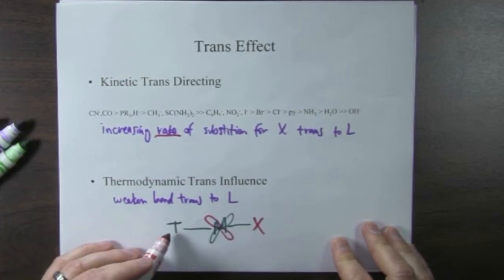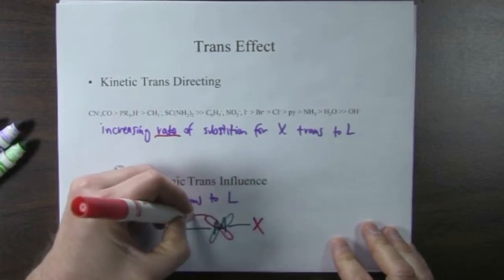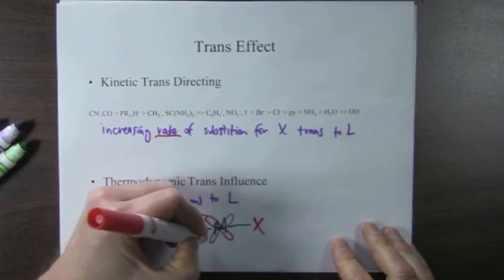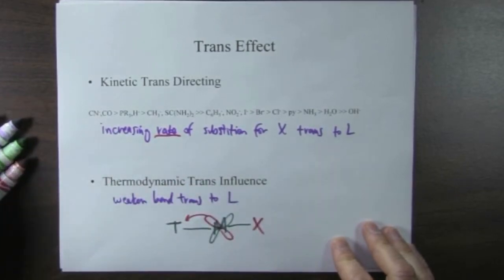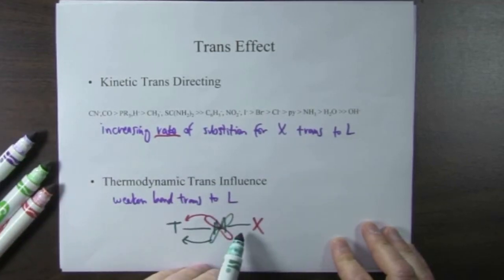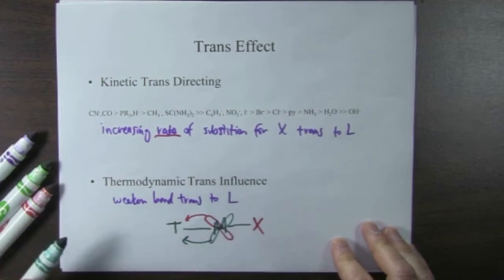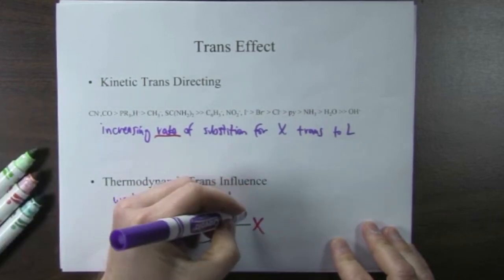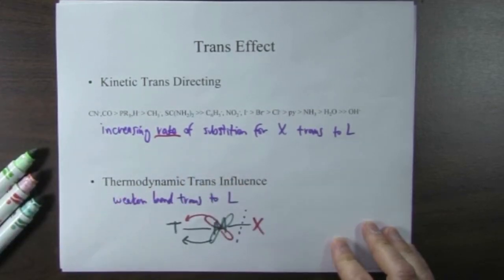And if it's shared more with the trans ligand, that will weaken this bond here, making it less stable and easier to break. So that's a thermodynamic effect when looking at bond energies.